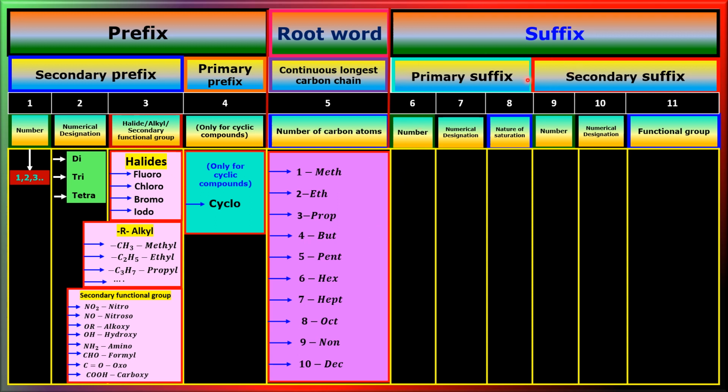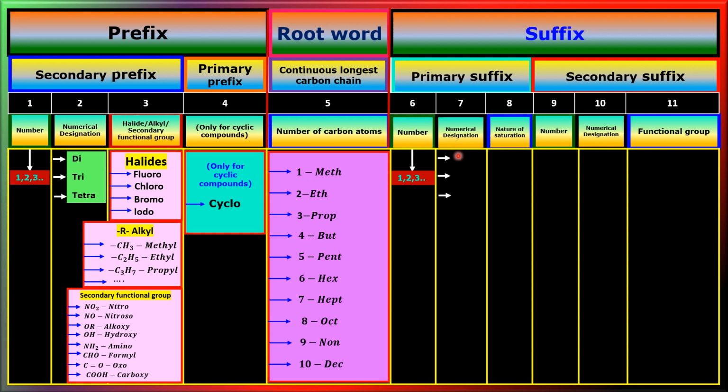Coming to the primary suffix, number. Primary suffix is again divided into 3 parts: number, numerical designation, and nature of saturation. You see here, number. Numbers are nothing but 1, 2, 3. Here number, that is number prefix, tells about to which carbon atom of the compound the double or triple bonds are attached.